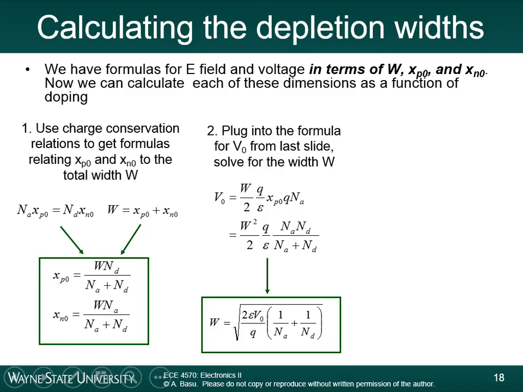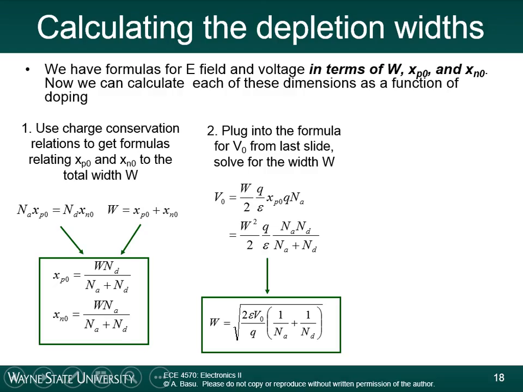So in your homework problems, when you're asked to find the width of the junction, you first solve for the built-in potential. Say I give you the doping and ask you to find the built-in potential and the width of the junction. The first thing you do is find the built-in potential, so you solve for this part of the formula. Then you already have the doping, Na and Nd, so plugging these three factors into the formula, you can find the width of the junction.